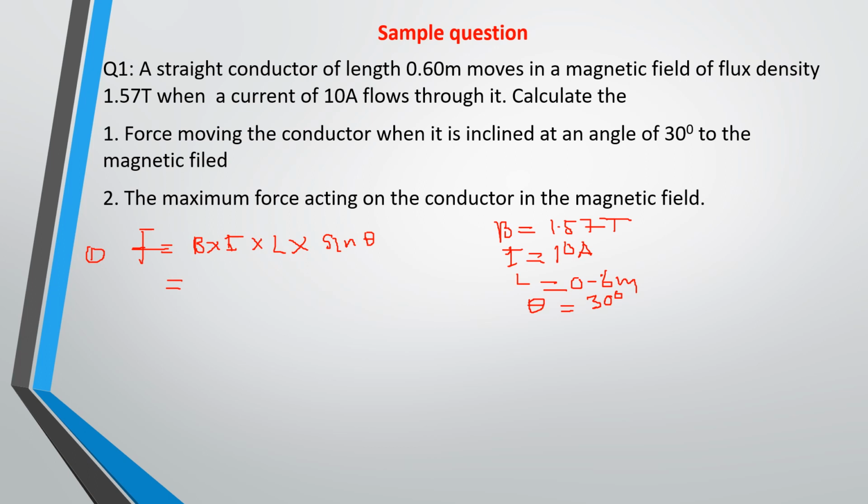Substituting into that equation gives us 1.57 multiplied by the length, which is 0.6, multiplied by the current, which is 10, and multiplied by sine 30 degrees. Sine 30 degrees is equal to 0.5.